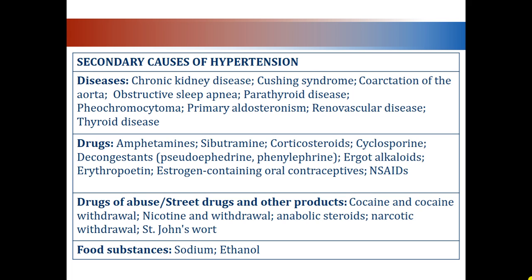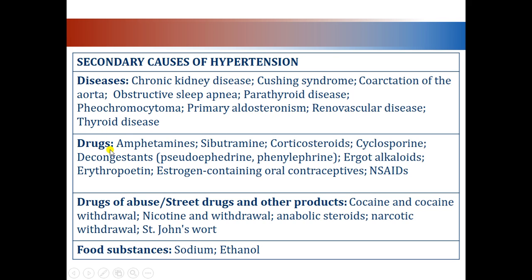Here is the list of secondary causes of hypertension. Diseases include chronic kidney disease, Cushing syndrome, coarctation of aorta, obstructive sleep apnea, parathyroid disease, pheochromocytoma, primary aldosteronism, renovascular disease and thyroid diseases.